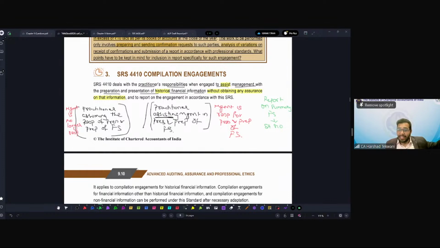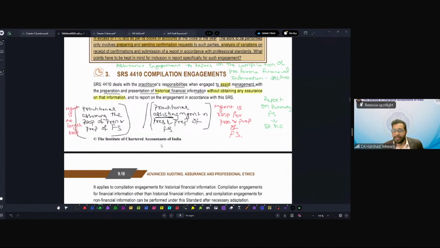If I talk about any other information, not the historical information, in that case, an assurance engagement to report on the compilation of pro forma financial information, that is related to a prospectus, is covered by SAE 3420.